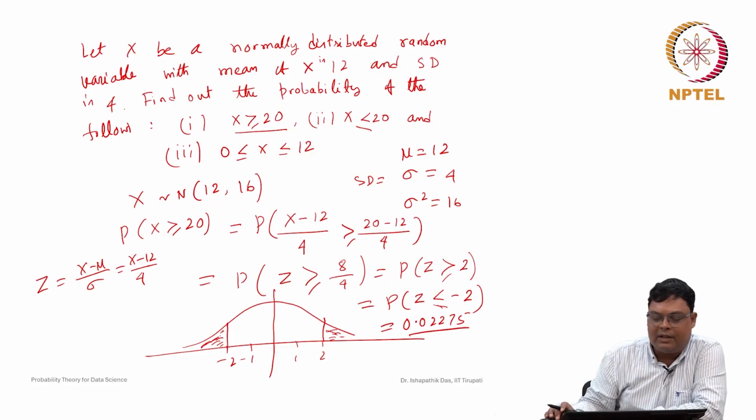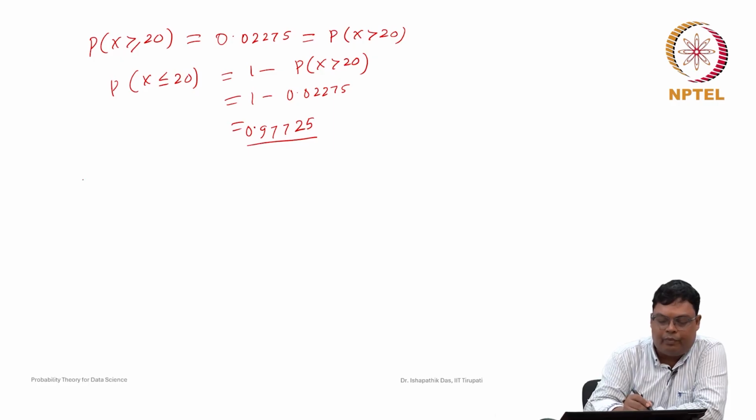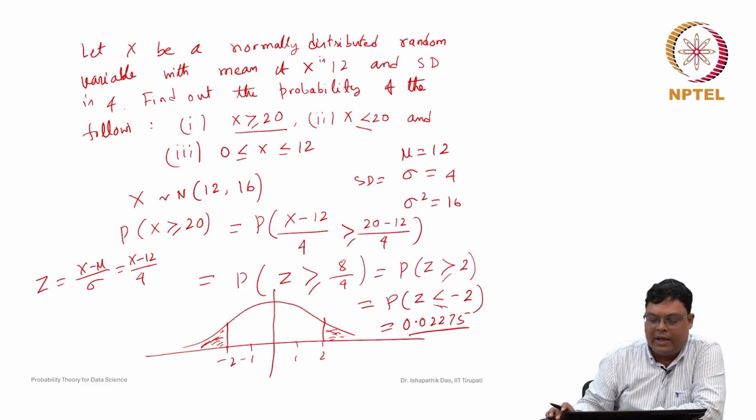Next it is asked, what is the probability that x is greater than or equal to 0 and less than or equal to 12? Again we have to take the transformation, z is (x minus 12) by 4.